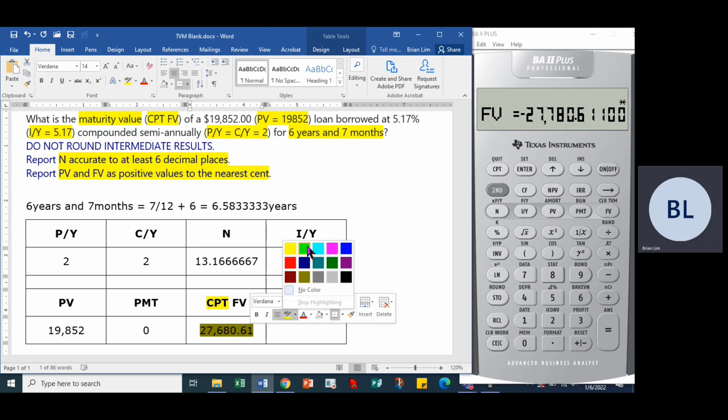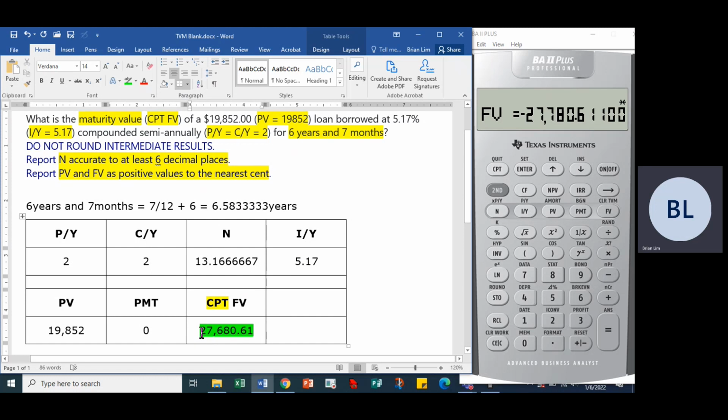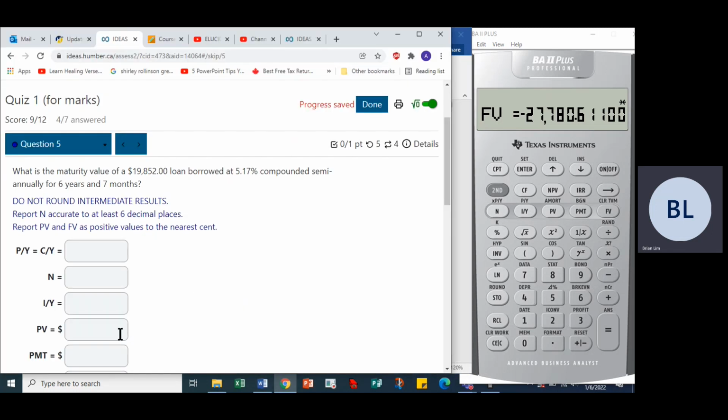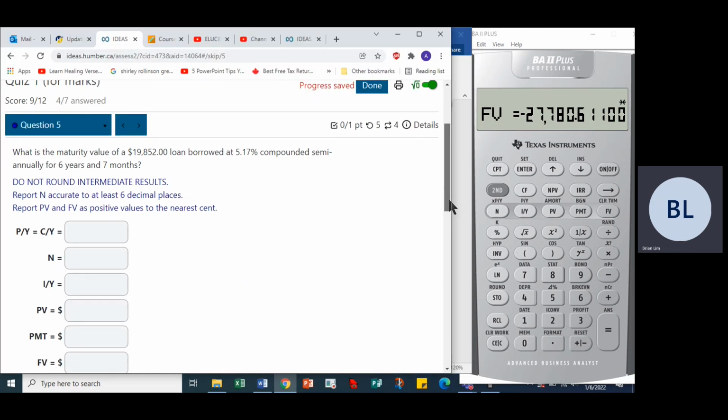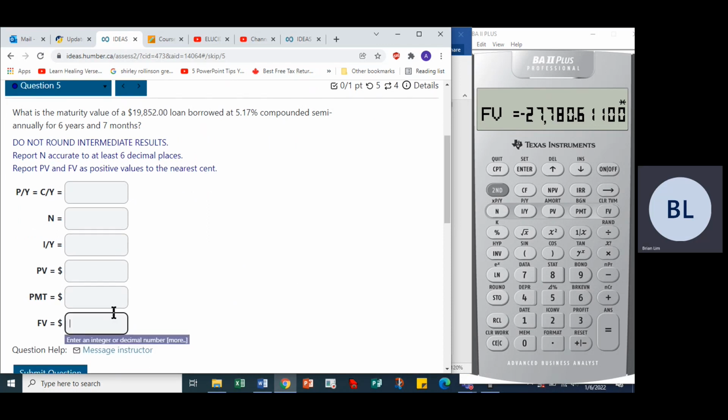Let's highlight it in green, and then we can go back to the question and enter the answer there at the bottom. Okay, so we can put in commas if we wish, 27780.61.